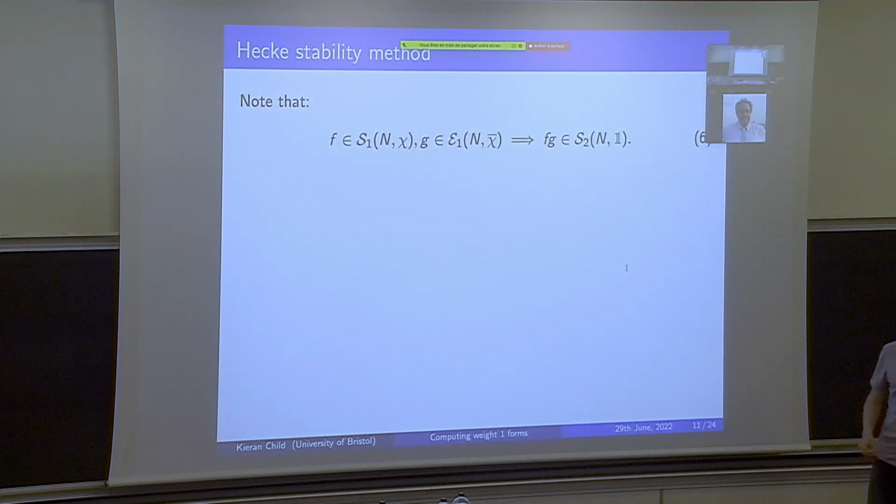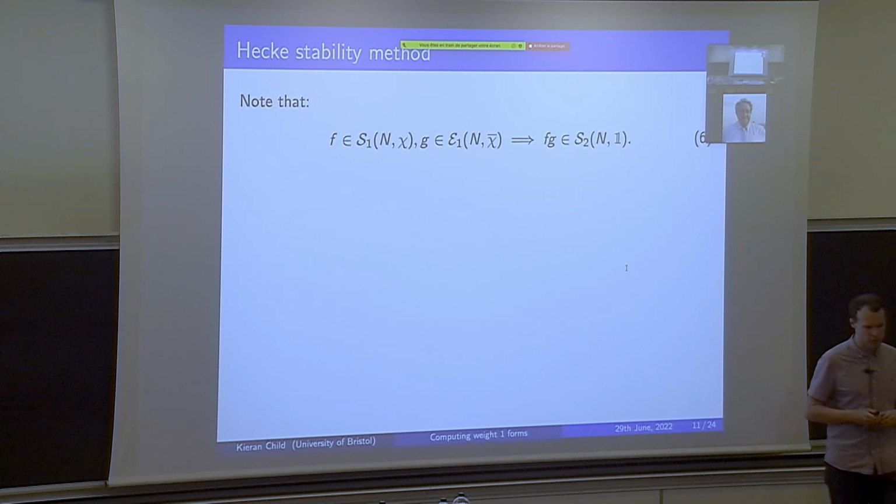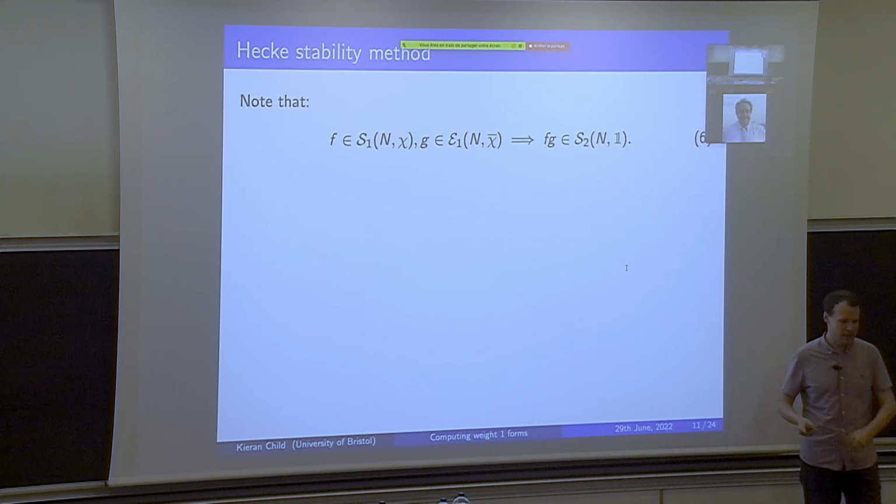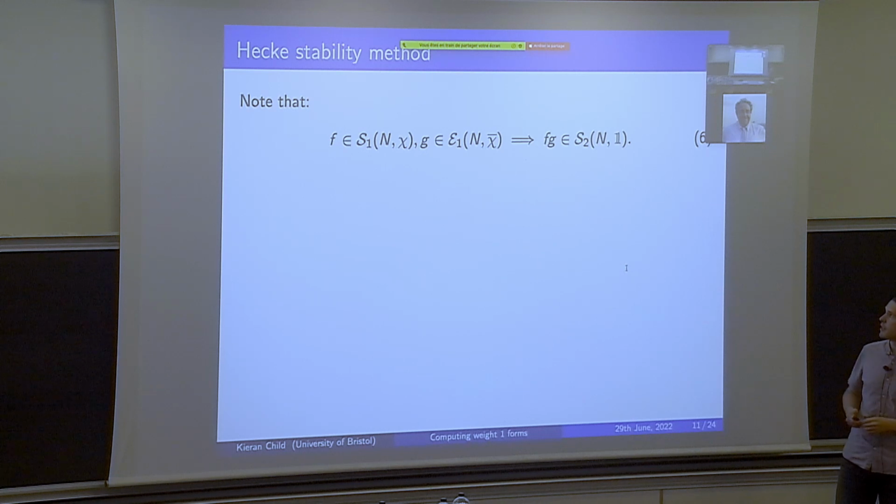So what is that method that I mentioned for the slower method to actually compute the weight 1 space? Well, it starts by noticing that if you have a weight 1 cusp form and you multiply it by an Eisenstein series of weight 1, very easy to compute, with a conjugate character, then you end up in a weight 2 space with trivial character.